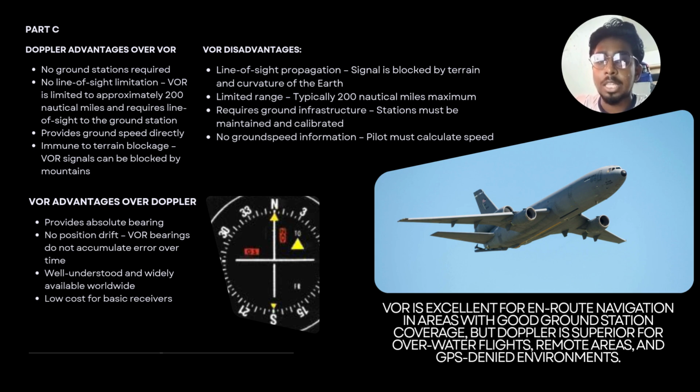Limited range, typically 200 nautical miles maximum, and it requires ground infrastructure. So, VOR is excellent for cruise navigation in areas with good ground station coverage. But Doppler is superior for over water flights, remote areas, and GPS denied environments.